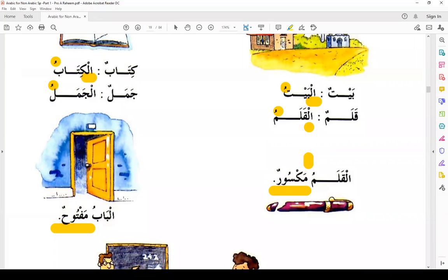You will not have a situation whereby you see al-kitabun. Would you ever see that? No, you will not have that, because al and tanween will never coexist in the same word.